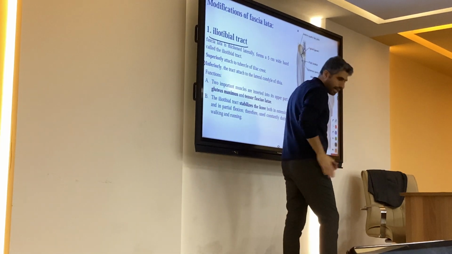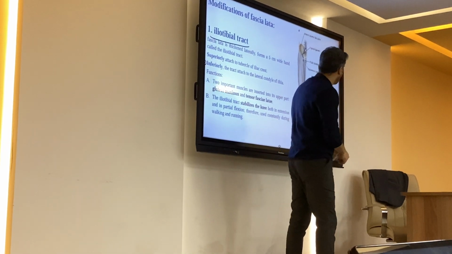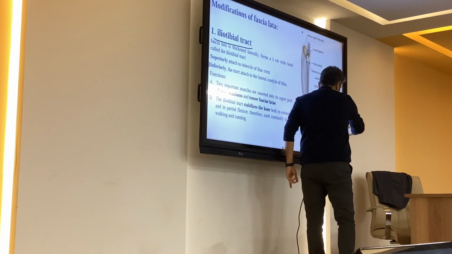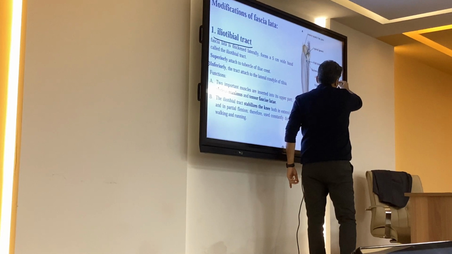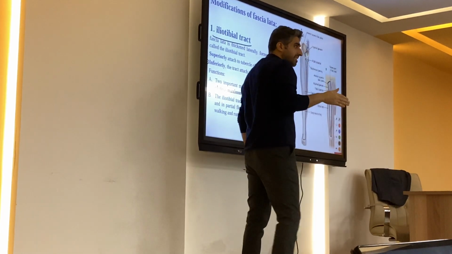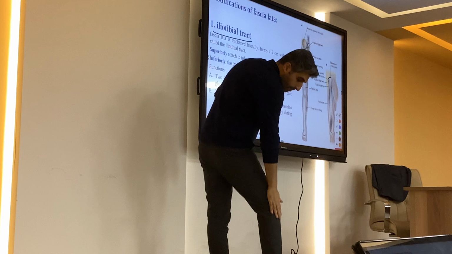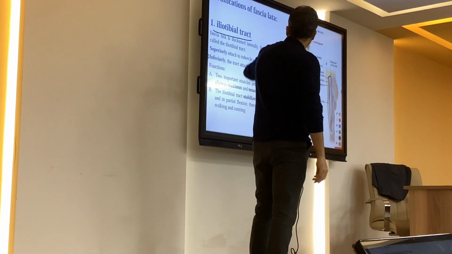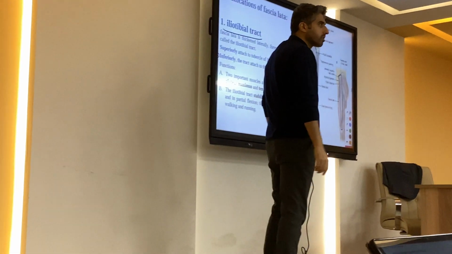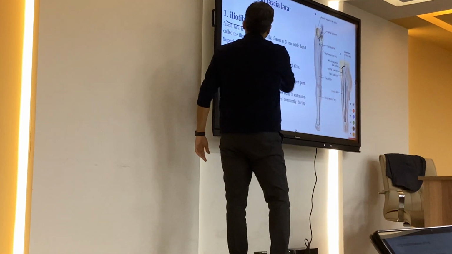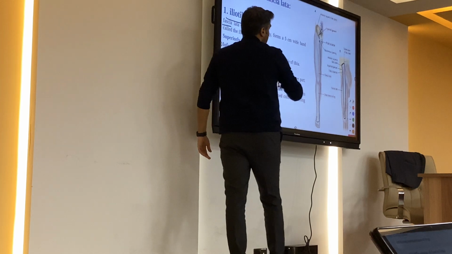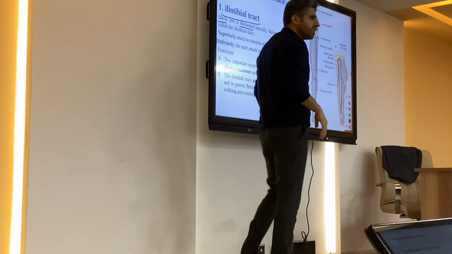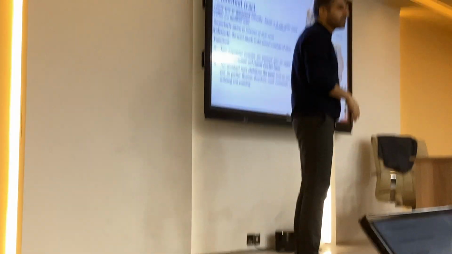Where is it? The lateral side of the fascia lata. Look at this picture. This thickening in the lateral side of the fascia lata has a name: iliotibial tract. The fascia lata is thickened, 5 centimeters wide.